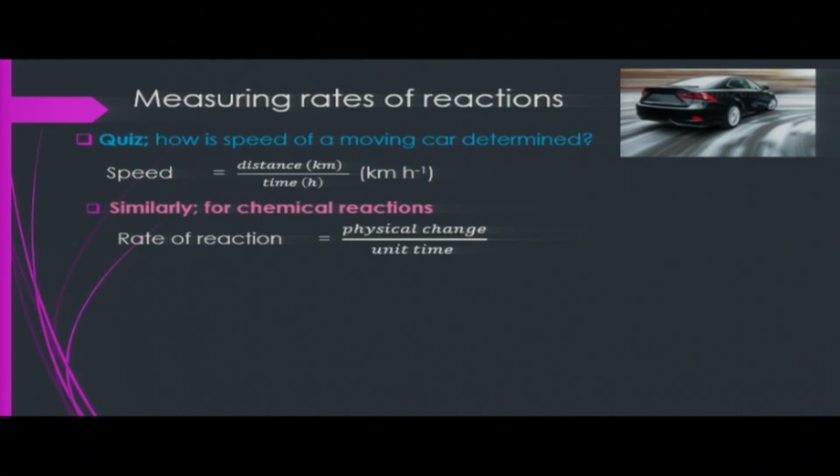In a chemical reaction, the rate of a reaction will be a physical change, any measurable physical change with time. Time, of course, whether you want to call it seconds or hours, but mostly we use seconds. Now, the other part would be, what do you mean by physical change?